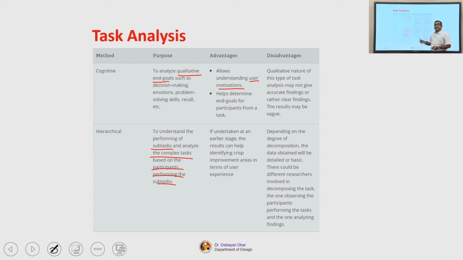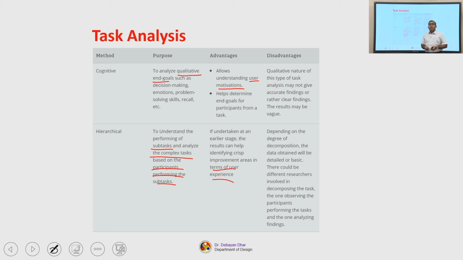But yes, cognitive task analysis also does allow you to understand user motivations. It helps determine end goals for participants from a task, while a hierarchical task analysis allows you to understand at an early stage the result that can help identifying crisp improvement areas in terms of user experience.